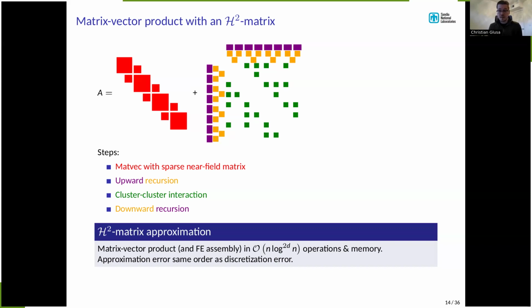The other result that I'm not showing here is that you can prove that if you pick your low rank approximation and its rank correctly, then the resulting approximation error is on the same order as your discretization error, which means that you're not spoiling your finite element rate of convergence by using this approximate operator instead of the fully assembled dense operator. Next slide, please.